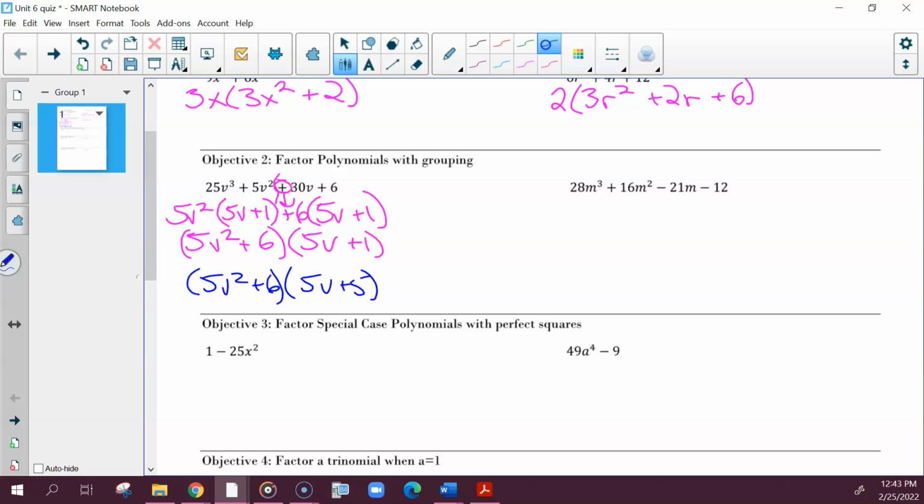So always look at your factors. Is there anything else I can take out? If there is, take it out. So this would be 5b squared plus 6. I could take out a 5, and this would be b plus 1. So always simplify, whether it's at the beginning or at the end. If you did it at the end, that's fine. That just means you could have done it at the beginning. If you do it at the beginning, just make sure you bring it all the way down.